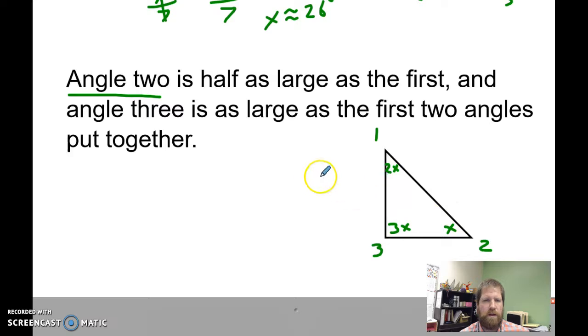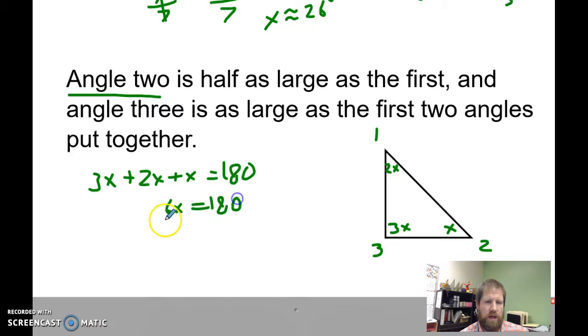Look at that. Build your equation: 3x plus 2x plus x equals 180. Simplify, combine like terms. 3, 4, 5, 6. 6x equals 180.